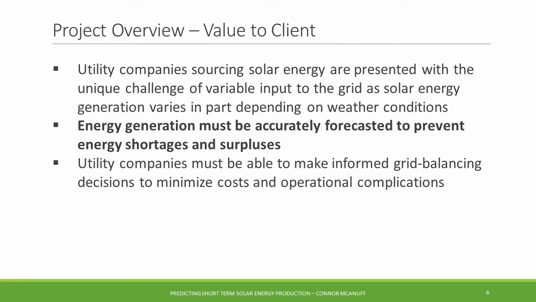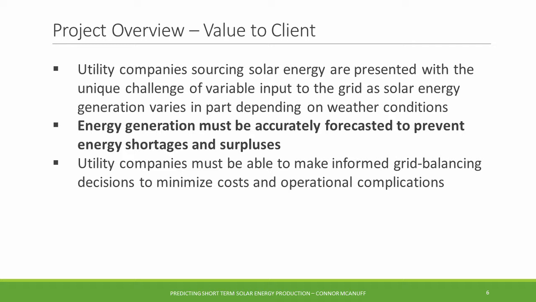Why predict solar energy production at all? Why is this a useful task? Utilities companies distributing solar energy to the grid have a unique challenge. Unlike other methods of power generation, solar energy production can vary daily. A discrepancy between the expected energy production and the actual energy production can lead to an unbalanced grid, meaning energy shortages and surpluses.